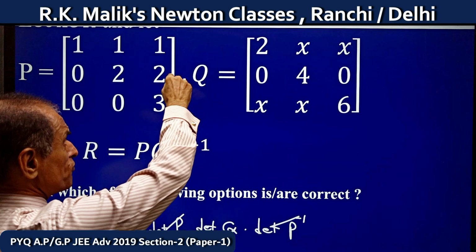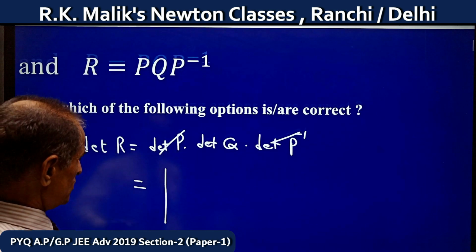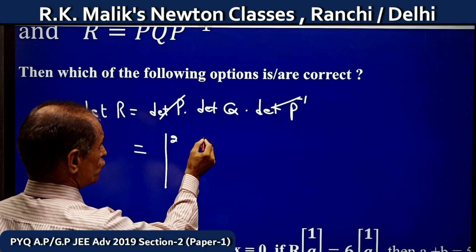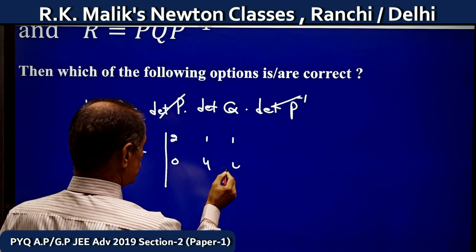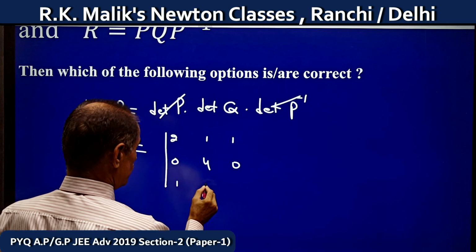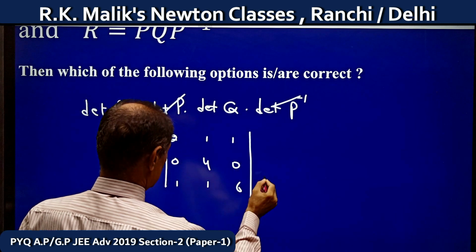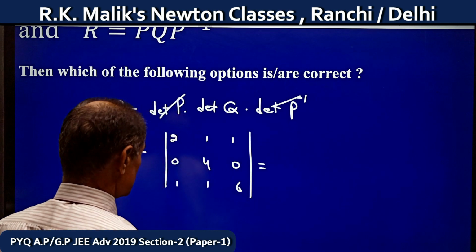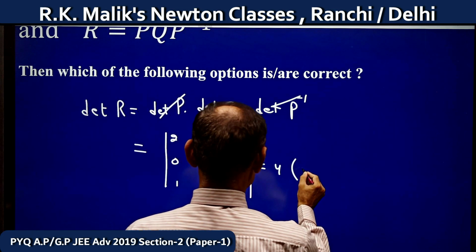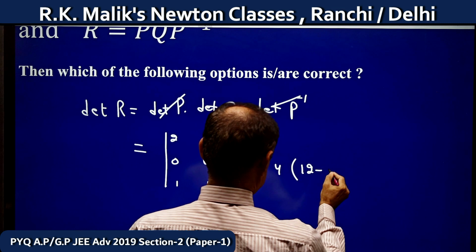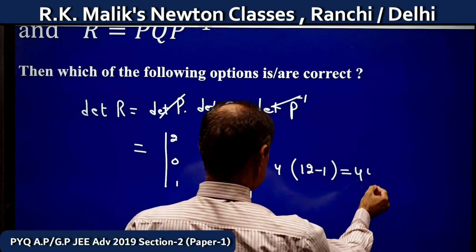And determinant of Q, using this definition of Q matrix, becomes 2, 1, 1, 0, 4, 0, 1, 1 and 6. The value of this is clearly 4 into 12 minus 1, that is 44.